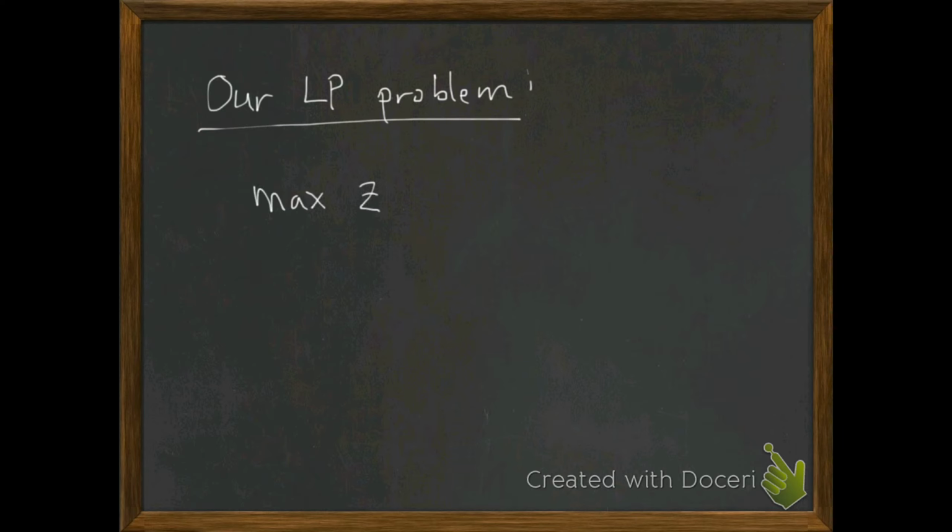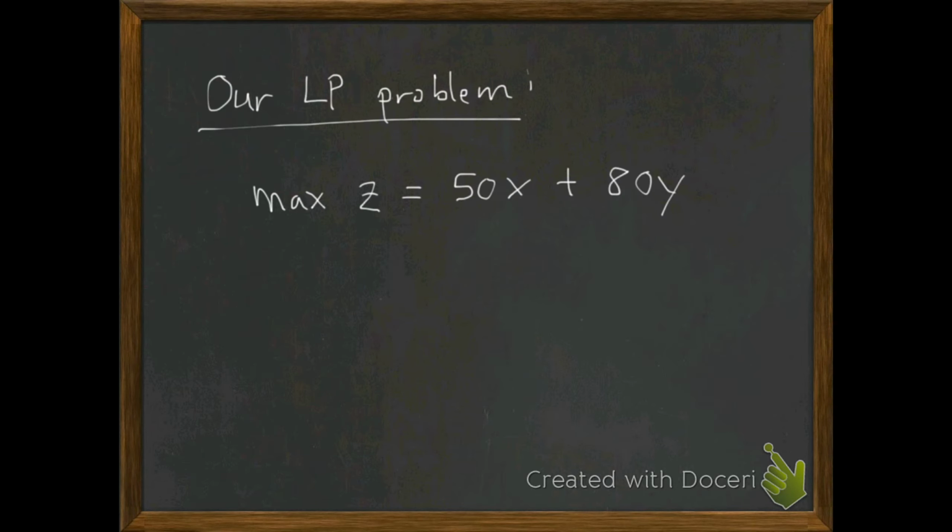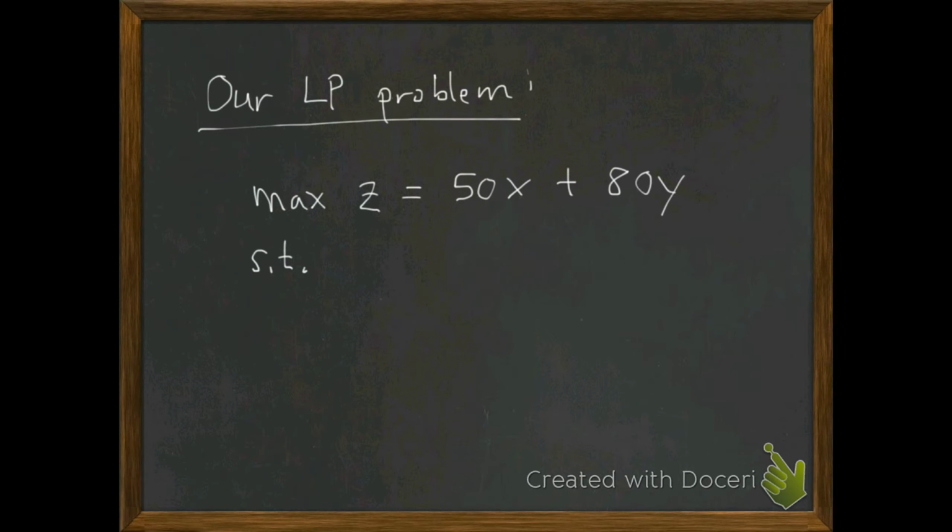Our LP problem is this. It's the objective function. Let me just double check, make sure I'm right on that. Yeah, 50x plus 80y. Subject to x plus 2y less than or equal to 32.